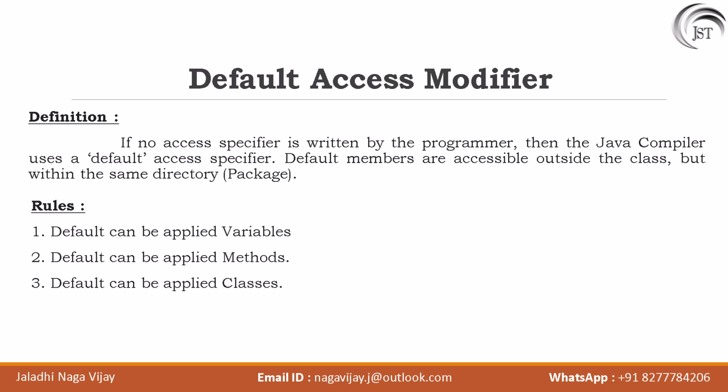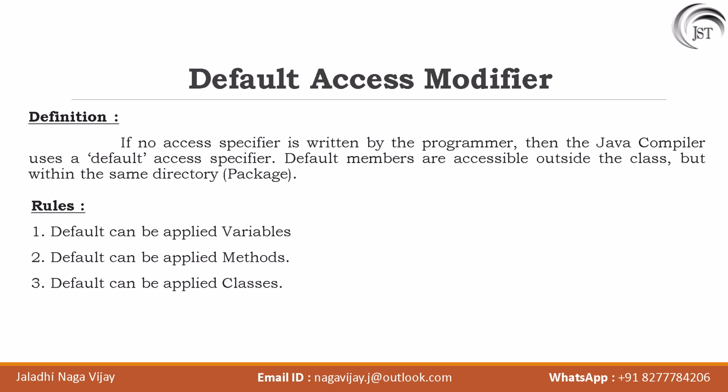Like that, the default access modifier works. Some rules: default can be applicable to variables, methods, classes. You can use default in 3 places. Default means no need to write anything. The Java compiler automatically decides this is a default access modifier.